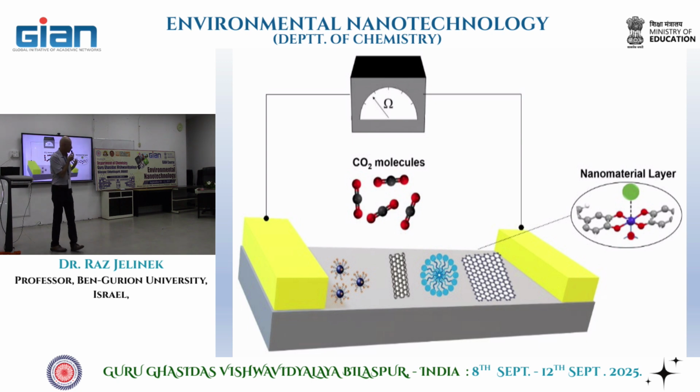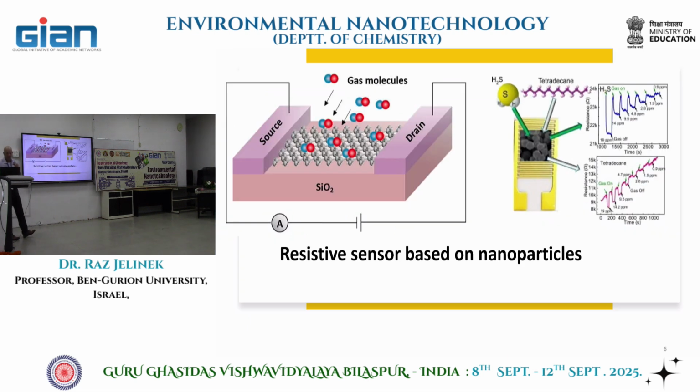And if you absorb them well, if you have good sensitivity to the nanomaterial that you use, you're going to have a good sensor. So what I'm going to show you now is just a few examples of sensors based on nanomaterials and nanoparticles.